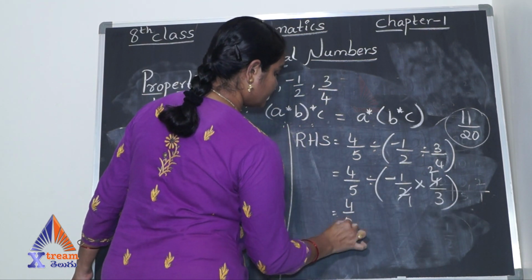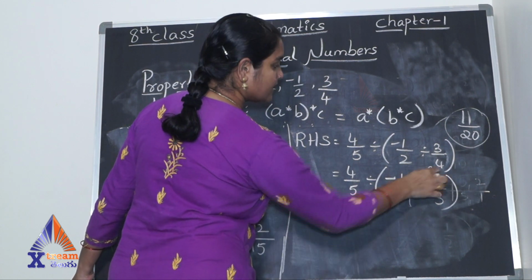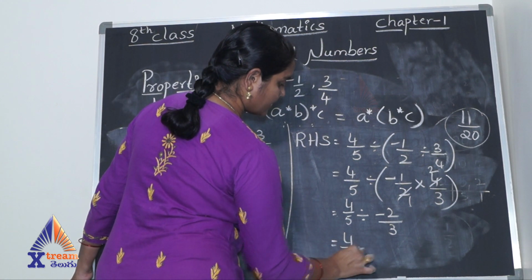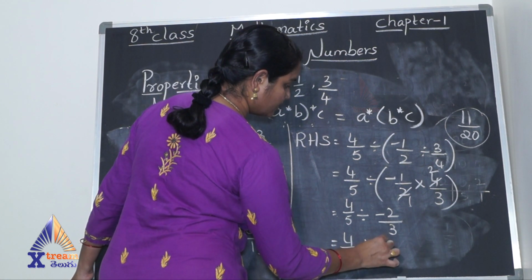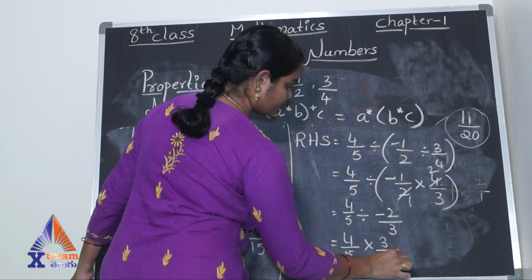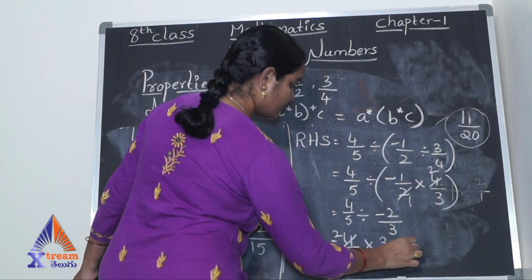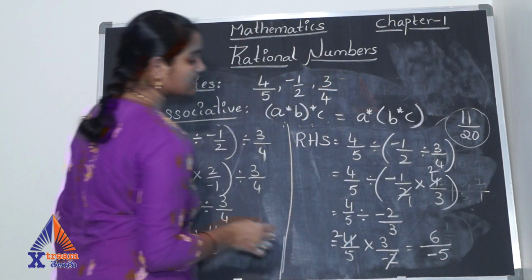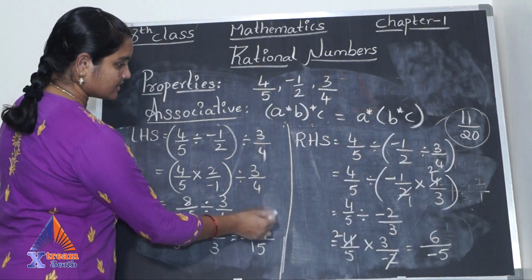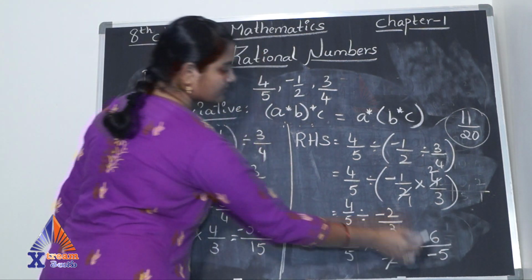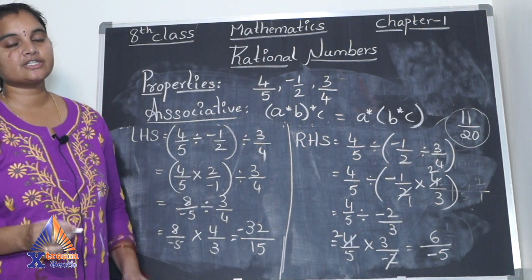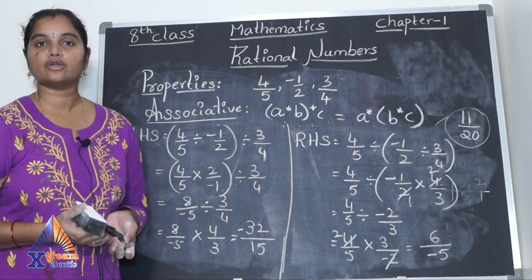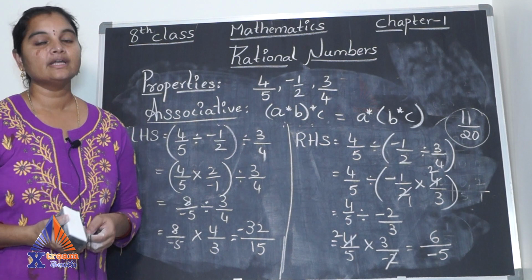Now we are left with minus 1 into 2, minus 2 by 3, which further becomes 4 by 5 into 3 by minus 2. 2 1s and 2 2s, which gives us 6 by minus 5 or minus 5 by 6. Can you see this? Two different rational numbers again. So we can say that associative property is not true for division of rational numbers.